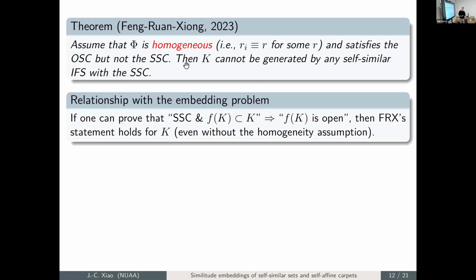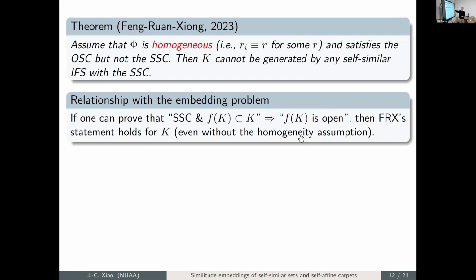So why are these two problems closely related? Here is the relationship. For a particular self-similar set K, if you can prove that the strong separation condition together with the self-embedding implies that the embedded image is open, then the above statement holds, even without the homogeneity assumption.